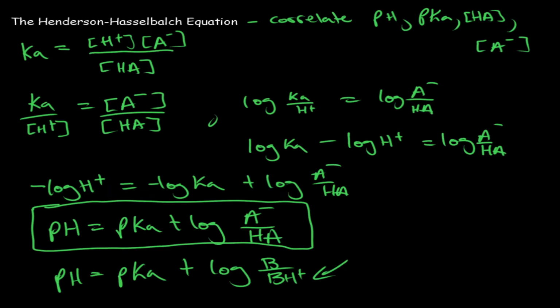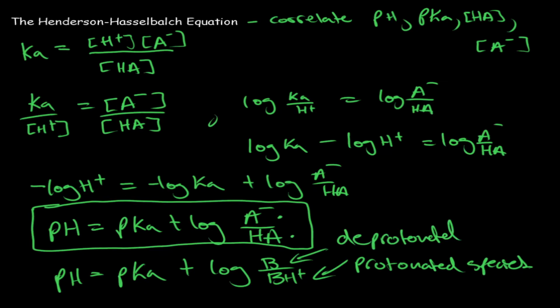We realize in both these equations, the protonated species is going to be at the denominator, and the deprotonated species is going to be at the numerator. So these are the Henderson Hasselbalch equations that we will be using to answer our questions.